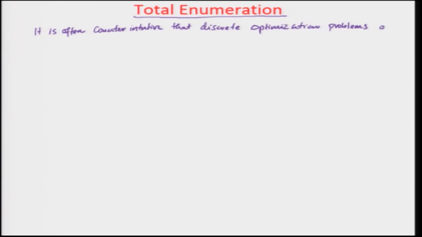One of the things is, it is often counterintuitive that discrete optimization problems, problems where the decision variables are not continuous, are more difficult than their continuous analogues.